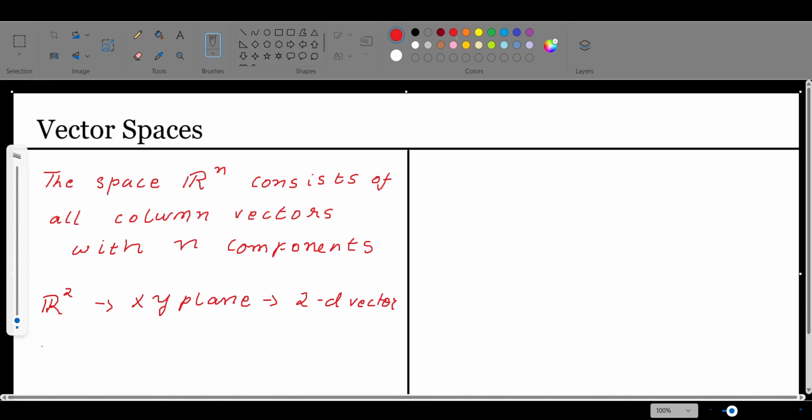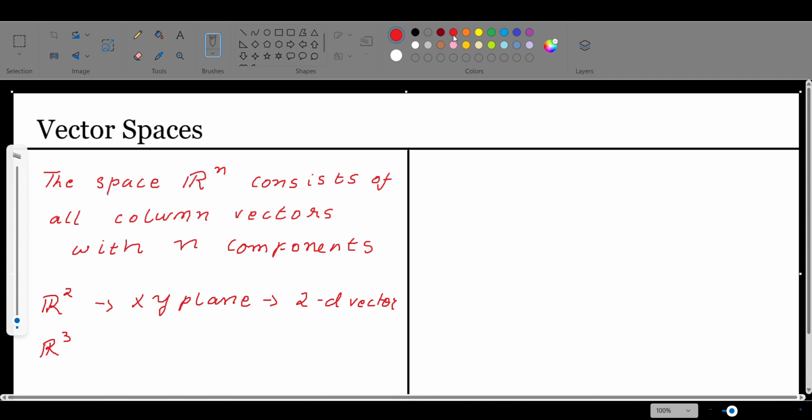Now, one may ask that R3 would also have every single two-dimensional vector. Then why are we saying that R2 is the space that has all the two-component vectors? The reason is, number one, R2 is the smallest space in which you'll have two-dimensional vectors.